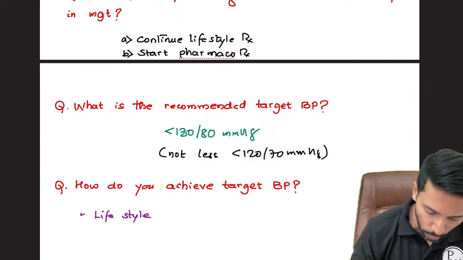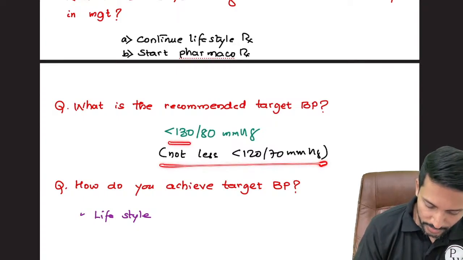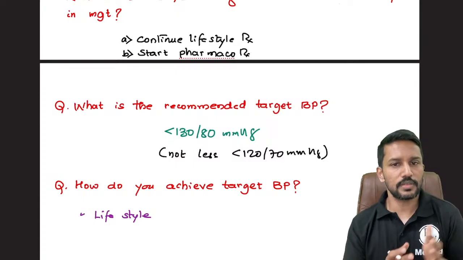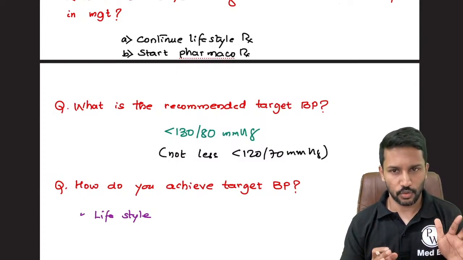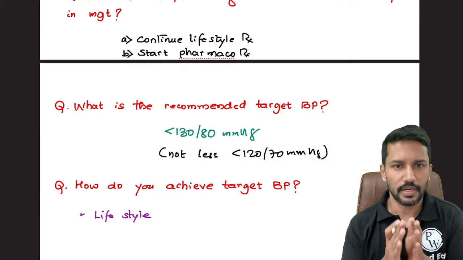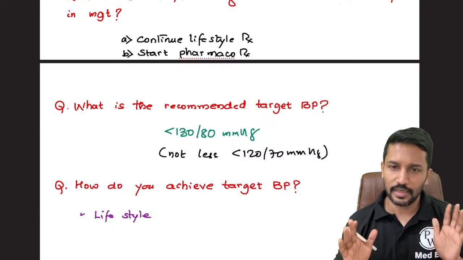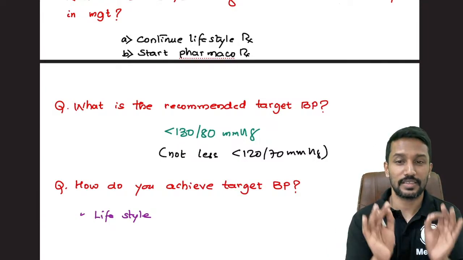Means you should not go below this, but you need to maintain below 130/80. In other words, I would say 121 to 129 systolic BP and 71 to 79 diastolic BP. That is your safe zone, right?